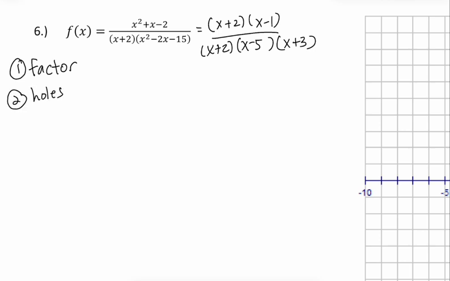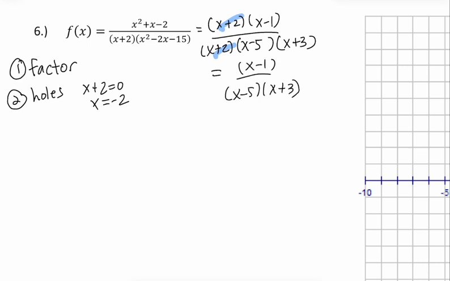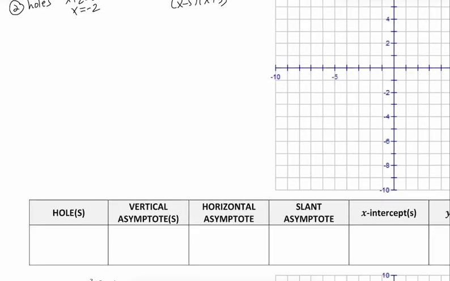Now remember, the holes are where a factor on the top matches a factor on the bottom. In this particular case, it's where x plus 2 equals 0, or at -2. So for the remainder of the problem, let's use that simplified version to answer the rest of the questions, and we'll deal with the hole in a minute.